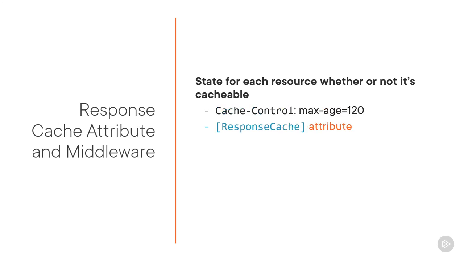To achieve that, the response cache attribute is used. But all that does is set the response header. That doesn't mean the response is actually cached. We still need a place where it can be cached, a cache store. As we just learned, there's different types of that, at client level, server level and proxy level.